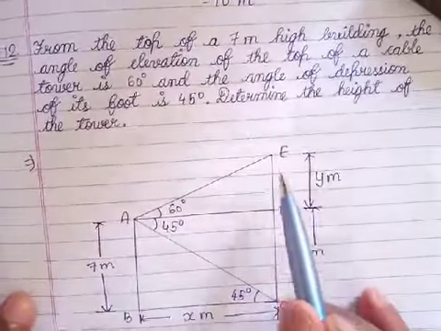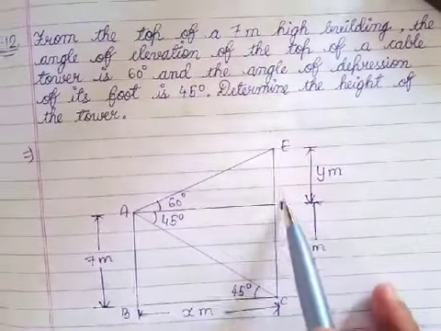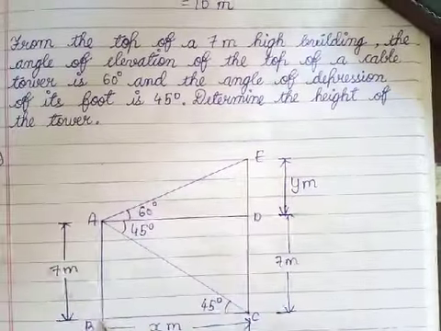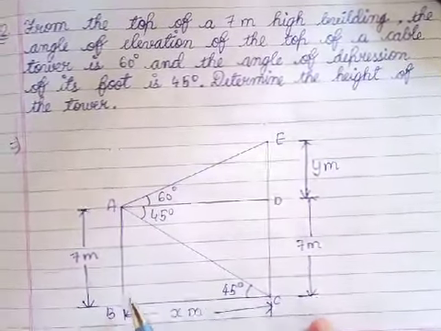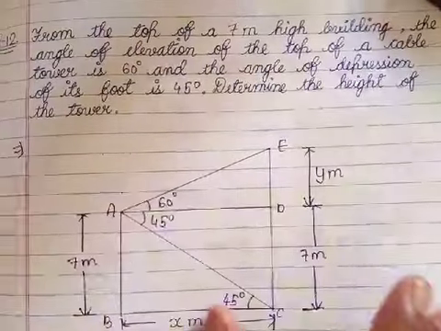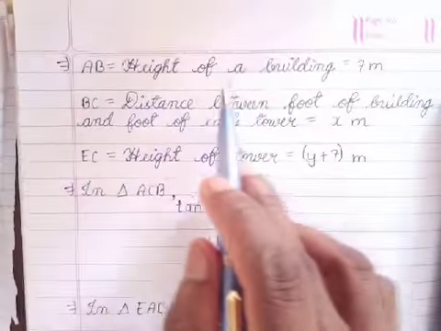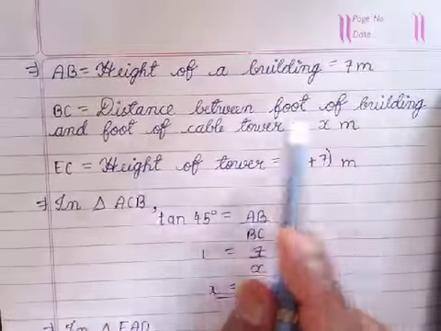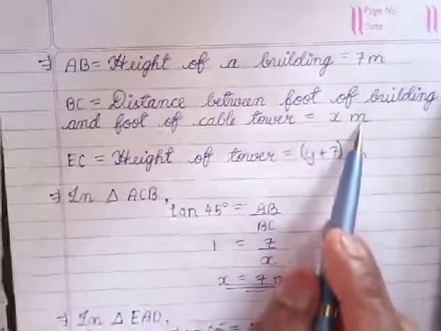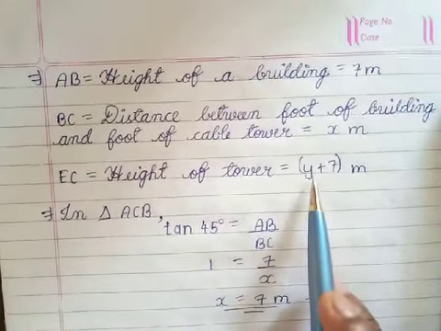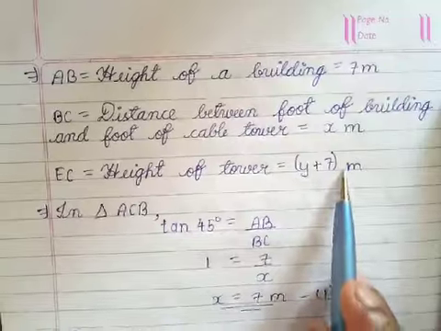So let us take DE as y meter, and the distance between the building and the base of the tower, BC, is x meter. So AB, the height of the building, is 7 meter, BC, the distance between the foot of the building and the foot of the cable tower, is x meter. EC, the height of the tower, is y plus 7 meter.